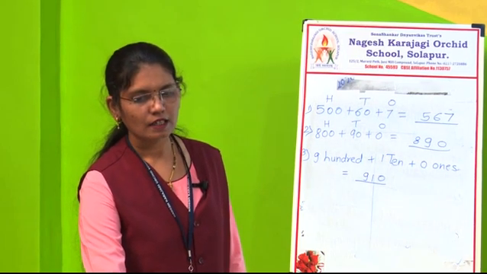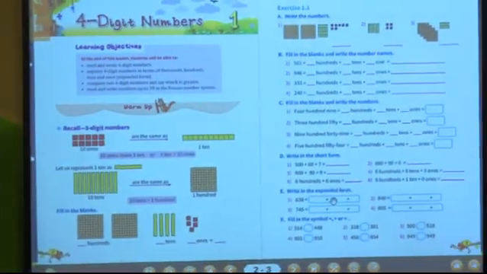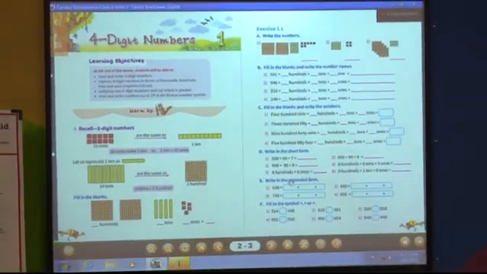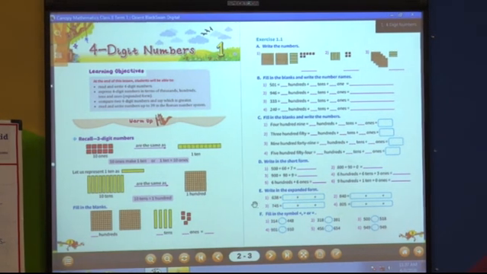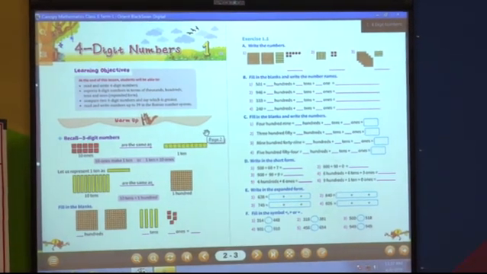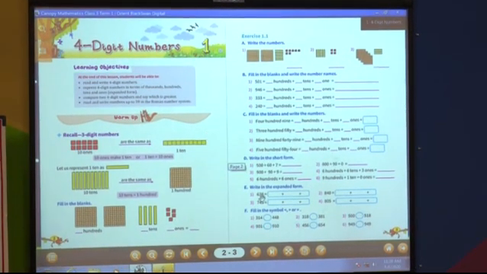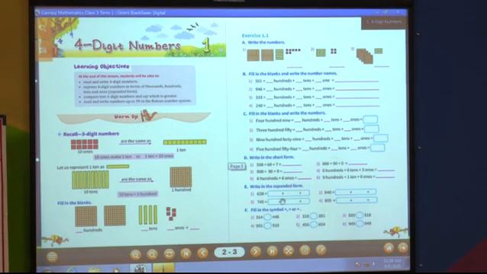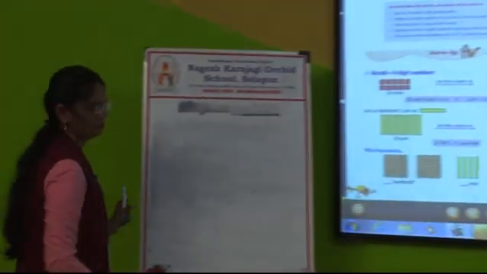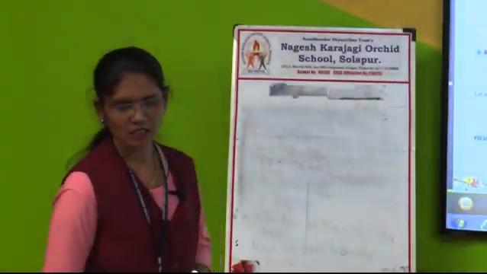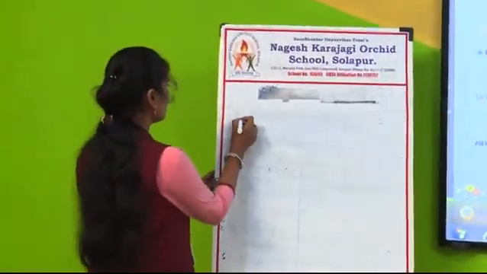The question is write in the expanded form. Now what is meant by expanded form? When we expand a number by using its places, it is called the expanded form of the number. The first example is 638.